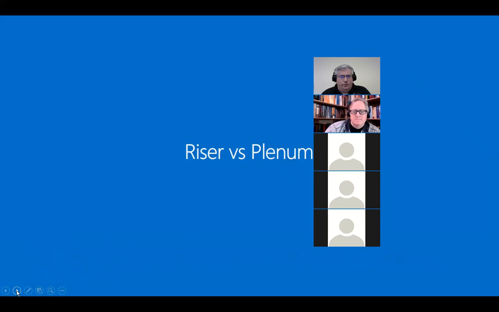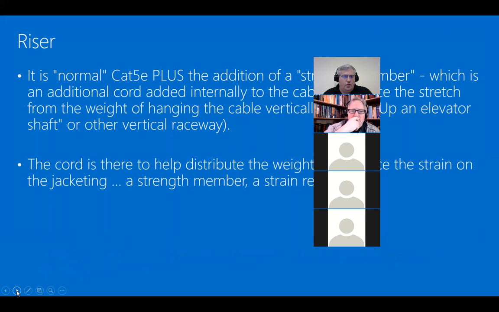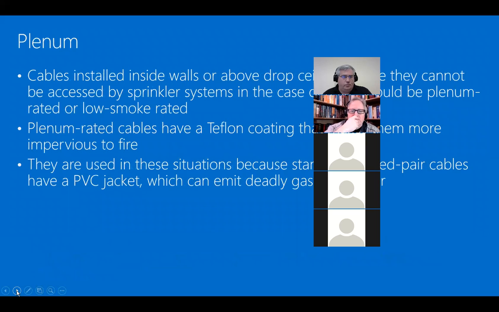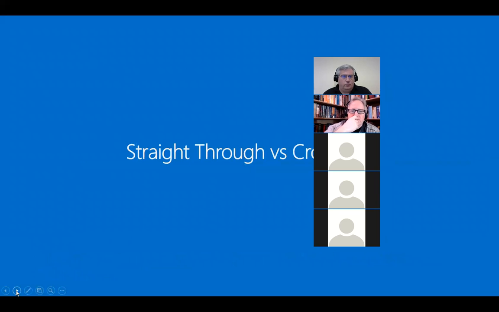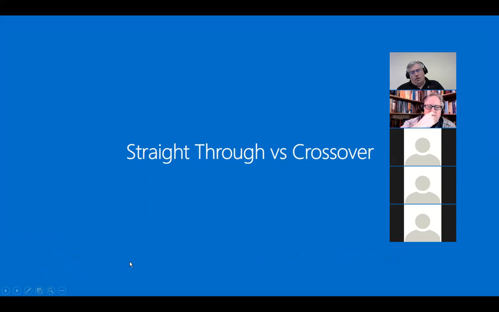And then you have riser versus plenum. Plenum is for in the ceiling. Riser goes up through the wall. Straight through versus crossover.